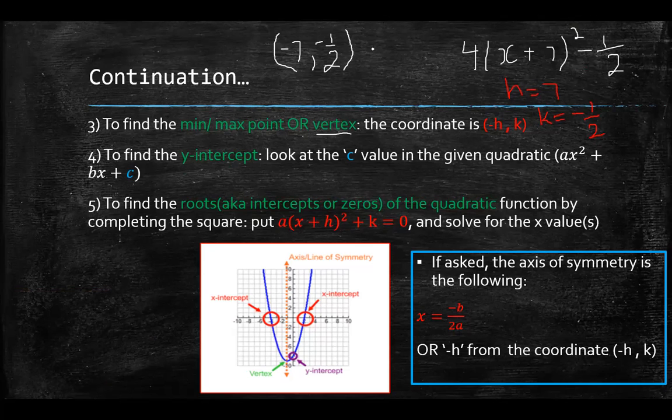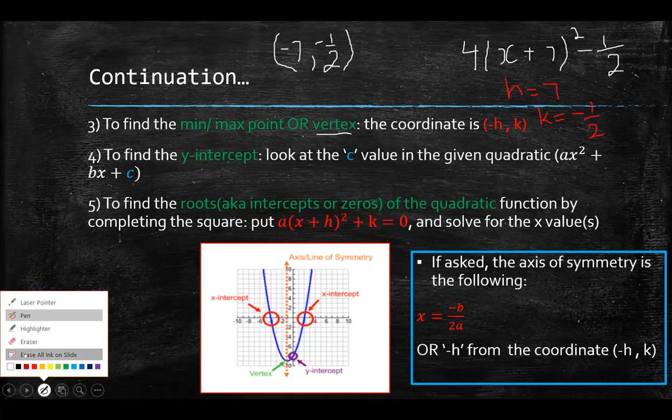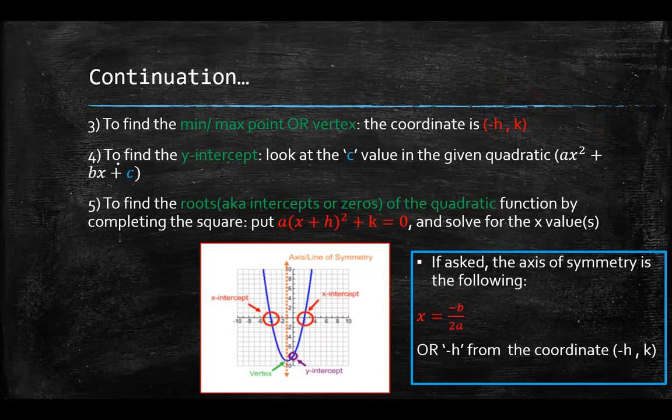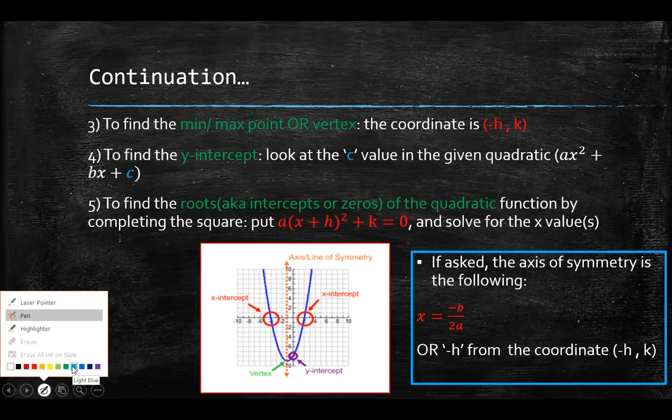Everybody understands that? Yes, miss. Okay. When sketching a graph, you would also have to include the y-intercept. For the y-intercept, all you have to do is look at c.